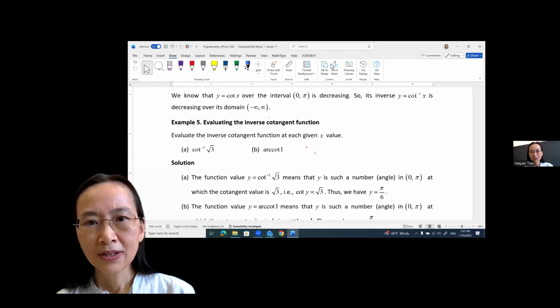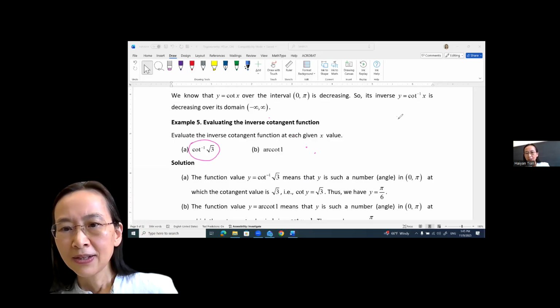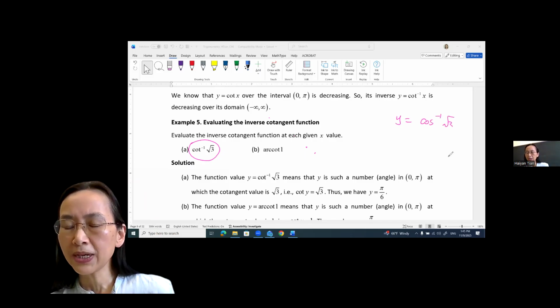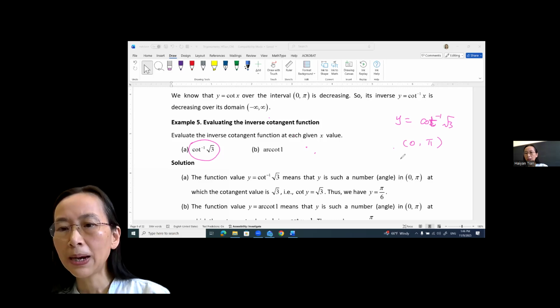So the first is cotangent inverse at square root of 3. And so you are looking for a y. And this y is in the range of the inverse cotangent. Notice it has to be a y from 0 to pi, right? From 0 to pi.